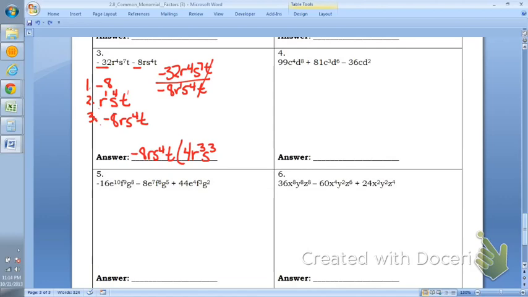The second term is negative 8 R S to the 4th T divided by the greatest common factor, negative 8 R S to the 4th T. And notice you have the same thing on the numerator and the denominator.